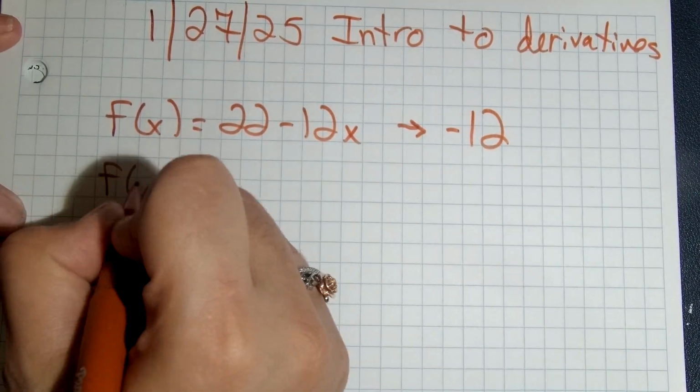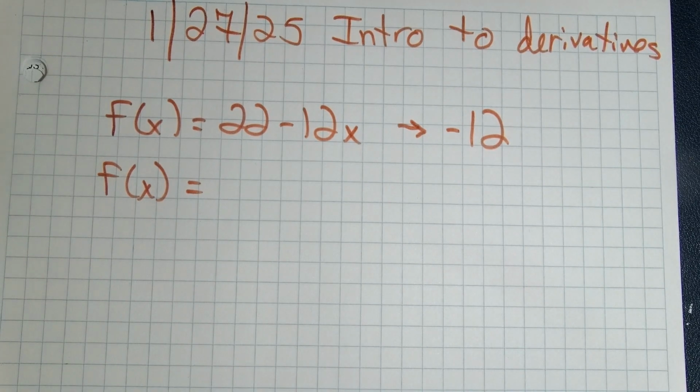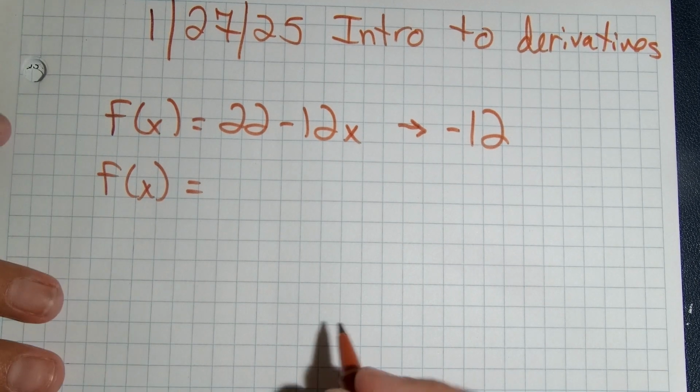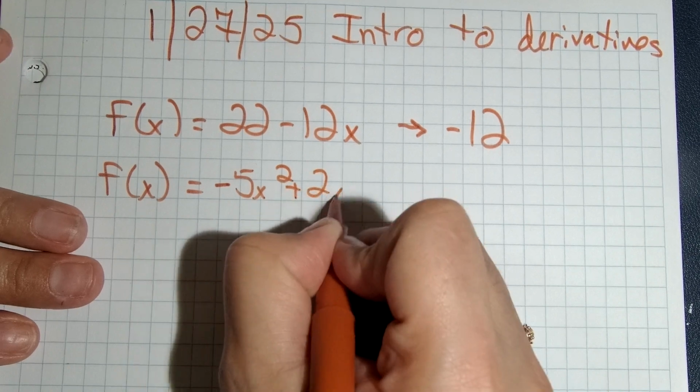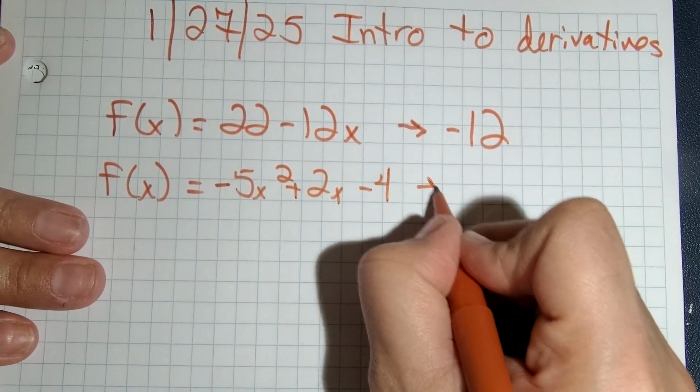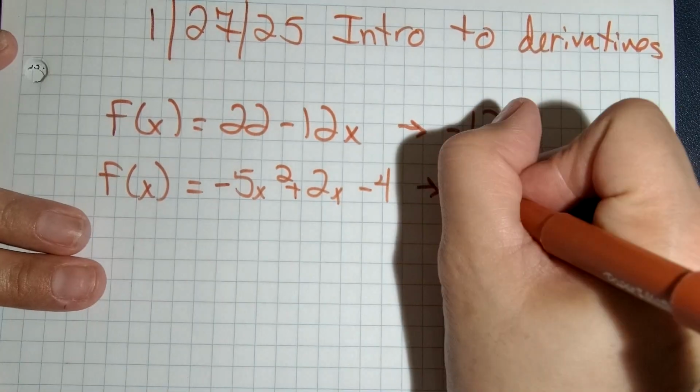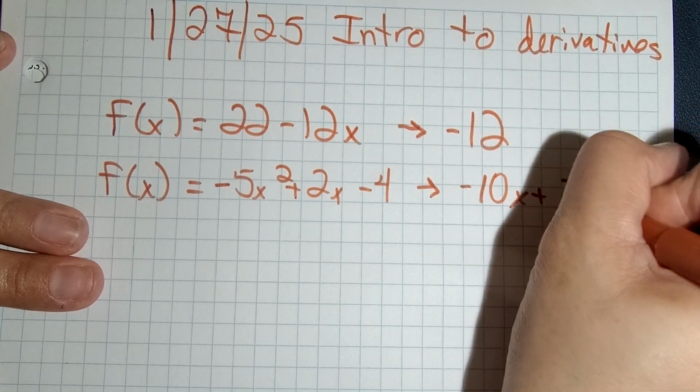If we had f of x is equal to negative 5x squared plus 2x minus 40, that difference quotient was negative 10x plus 2.